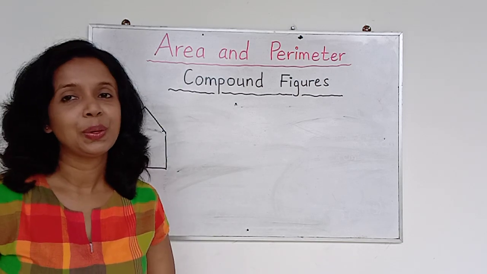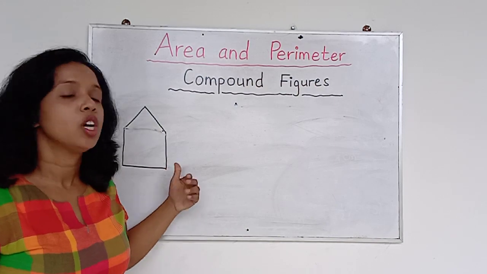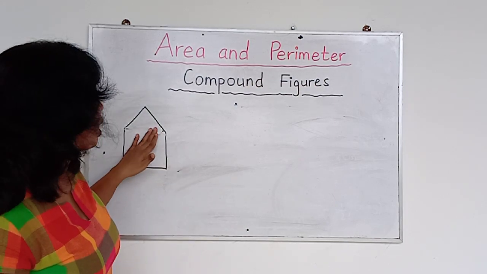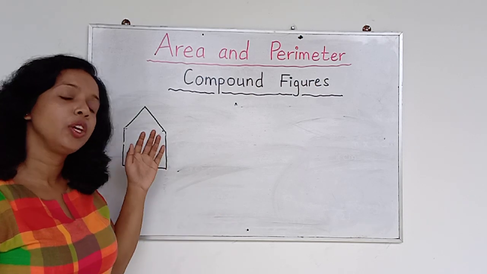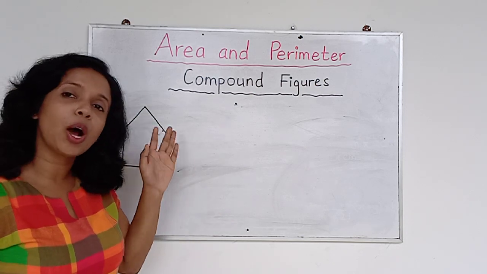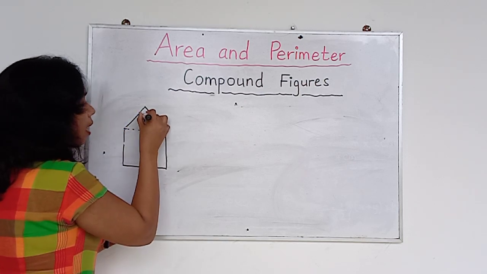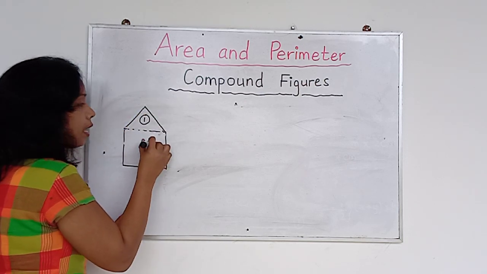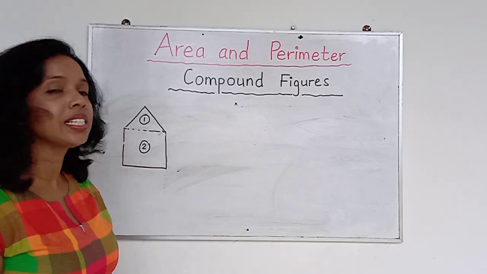I told you, before finding the area of the compound figure, first of all you want to identify what are the shapes you can find in this compound figure. Look at this. Here, number 1 and number 2. Number 1 is a triangle and number 2 is a square.